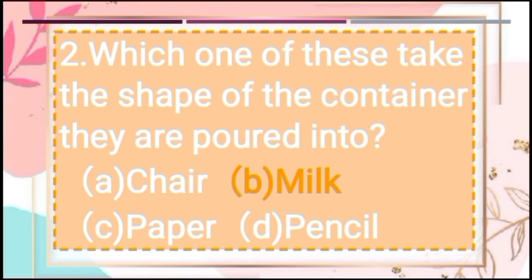Because things like water, milk, juices can take the shape of the container they are poured into. Because liquids are substances in which the particles are not very closely packed. Unlike solid, they don't have fixed shape and can flow.